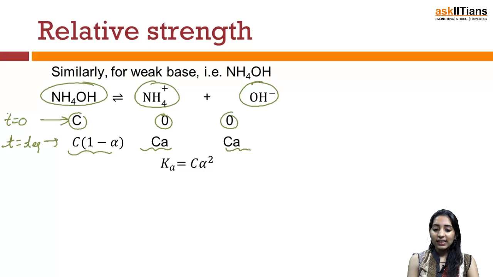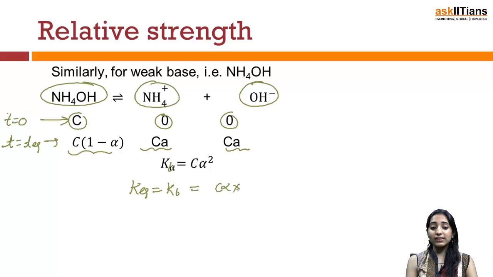So I can say C(1 minus alpha), C alpha and C alpha. Again for this solution, I can define the equilibrium constant, which is the base dissociation constant Kb, as C alpha times C alpha by C(1 minus alpha). If alpha is considered to be very small, I can define it as C alpha square in terms of Kb.